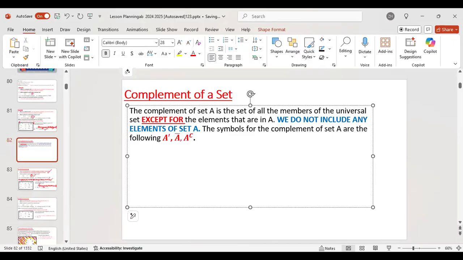So we can visualize the complement of set A using the Venn diagram below.